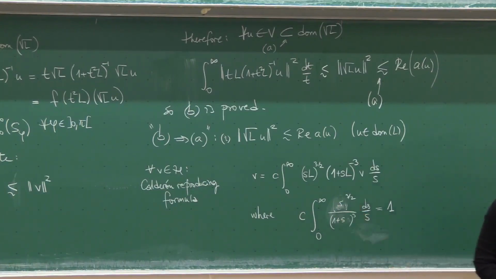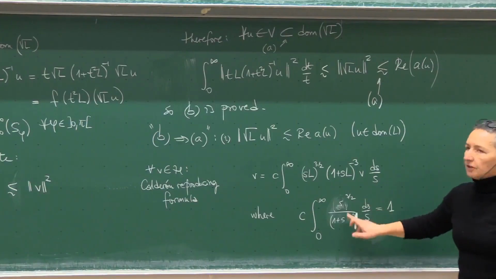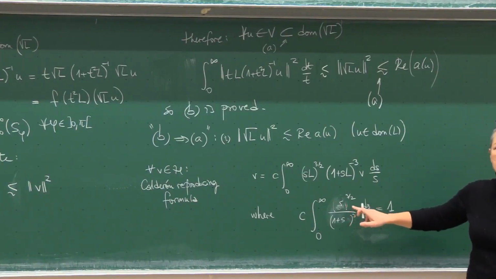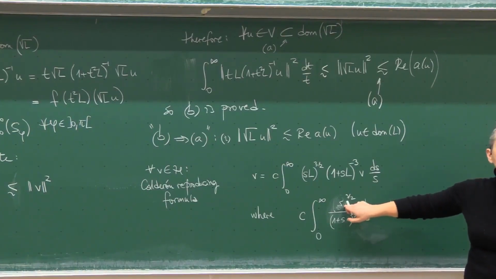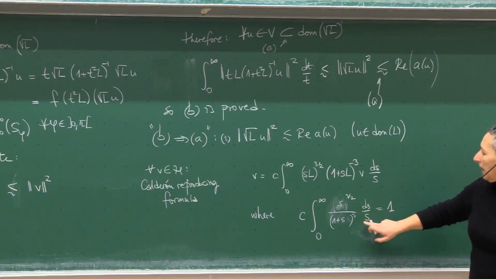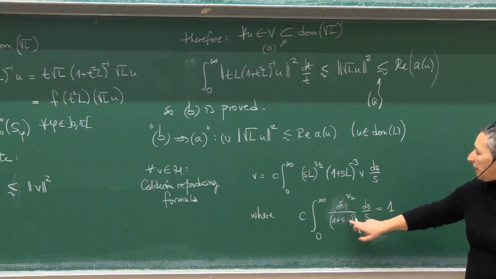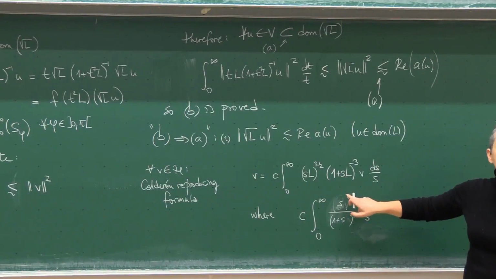Okay, and you could check that this is an integrable function, right? Because near 0, it behaves like a square root of s, which is integrable. And at infinity, it behaves like s to the power 4 minus 3/2, which is integrable as well.